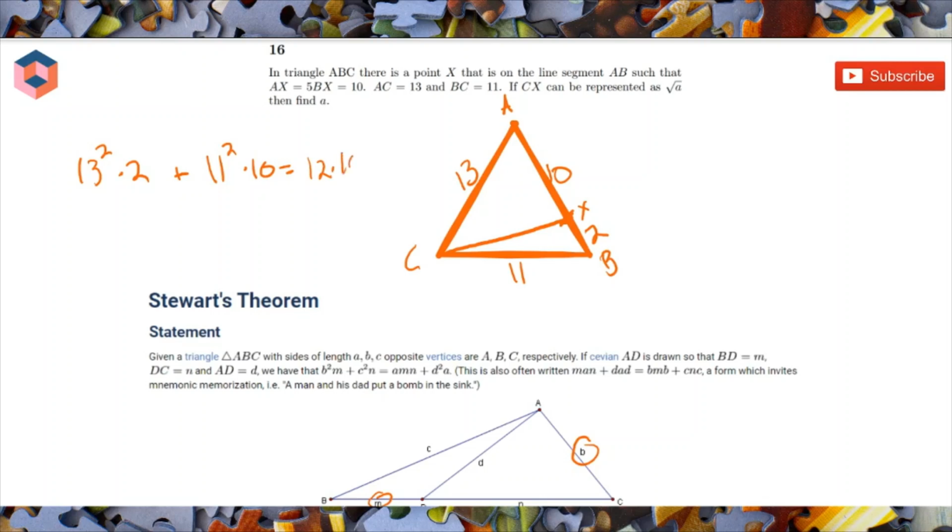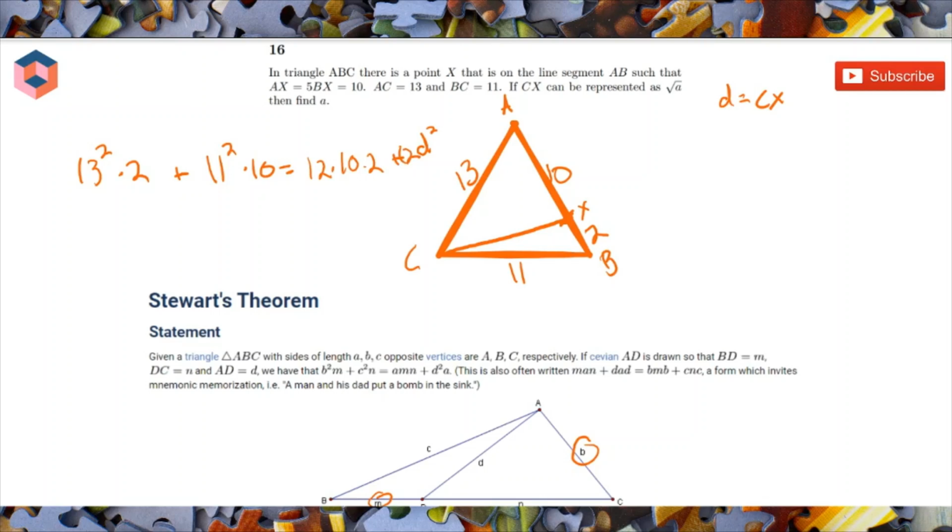So we have 12 times 10 times 2, plus d squared a. Now we don't know what d squared is, so I'll just call it d squared. Remember, d equals CX. We'll write that here, d equals CX. d squared a is just 12 d squared, so we have this expression. So now let's actually do some of this multiplication.